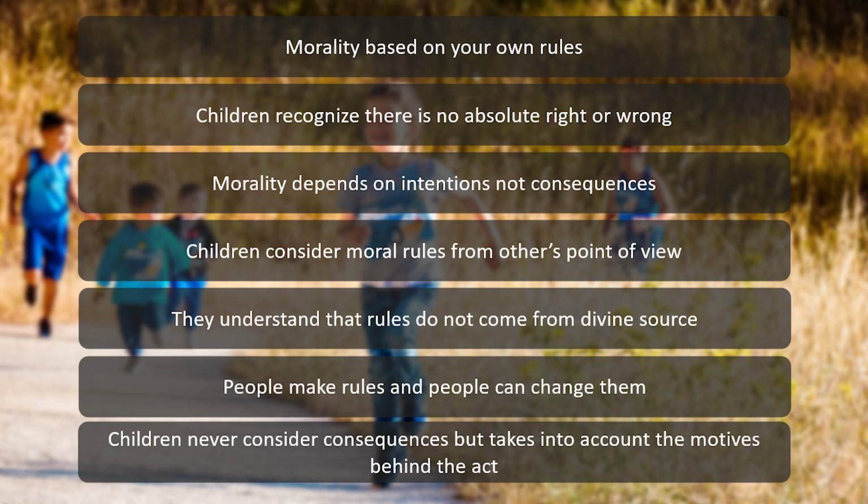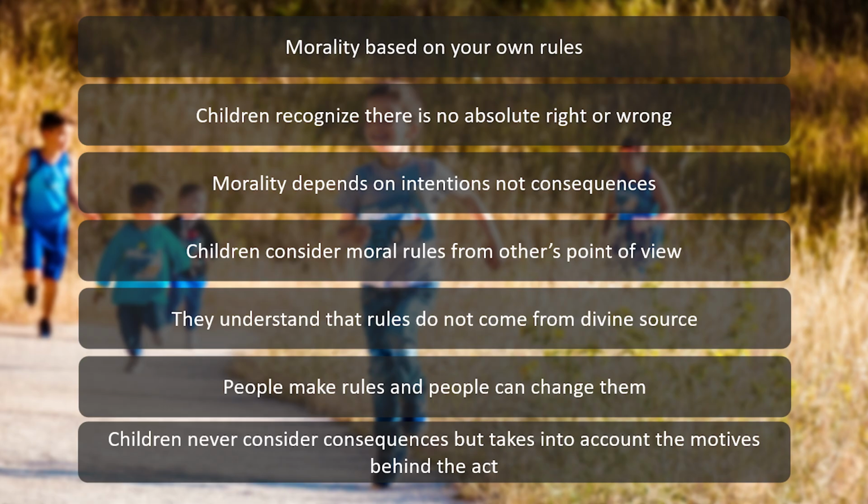Children consider moral rules from others' points of view. Children now understand that rules do not come from a divine source, as they thought in heteronomous morality, where they think it comes from an authority figure whom we cannot question. But here they come to understand that it is not from a divine source. People make rules and people can change rules.